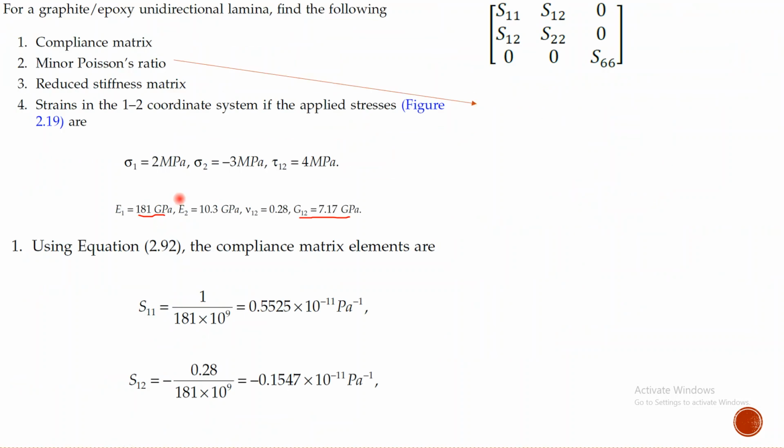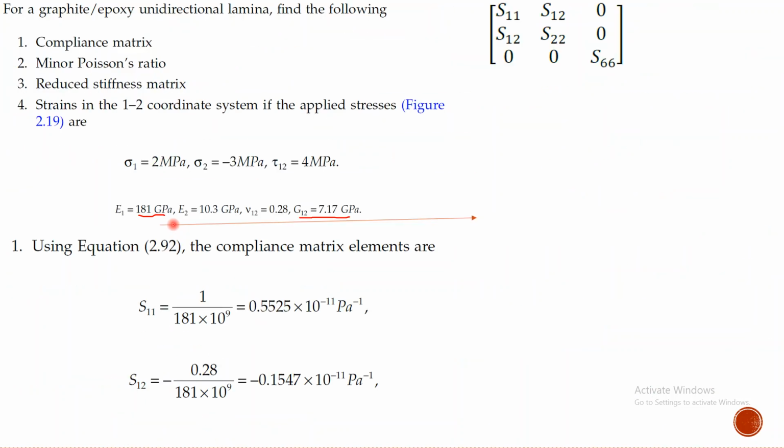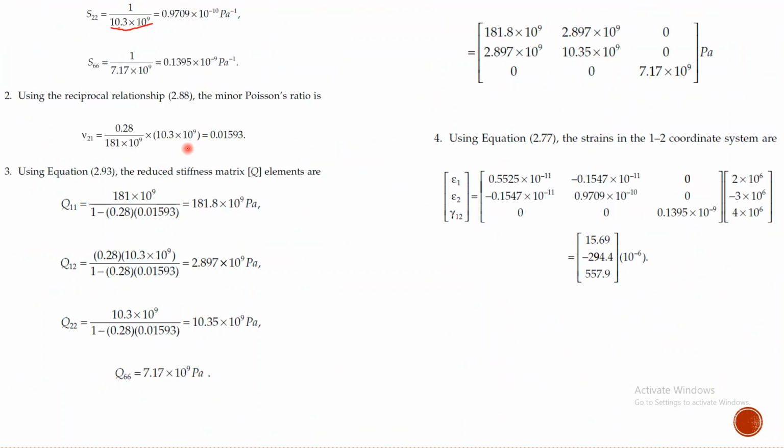If I take these two equations together, it is already there in the previous module. You just go through this equation. nu21 is equal to E2 divided by E1 multiplied by nu12, so that I am going to get the minor Poisson's ratio as 0.01593.